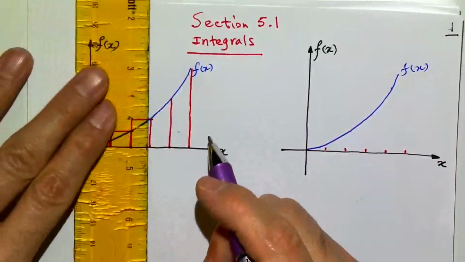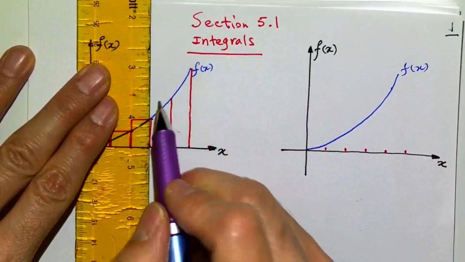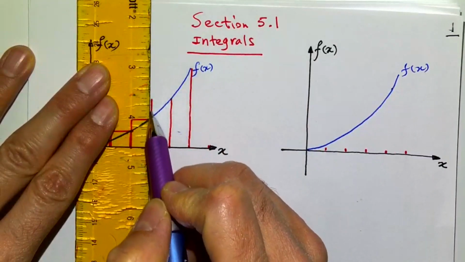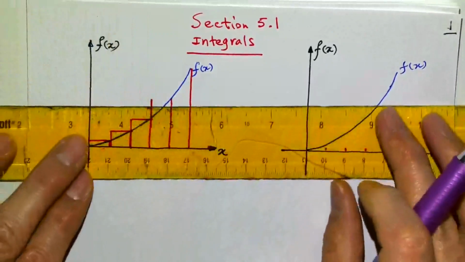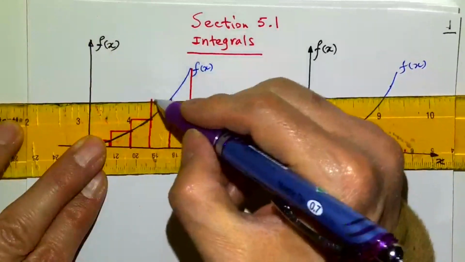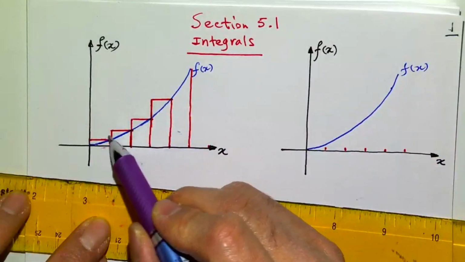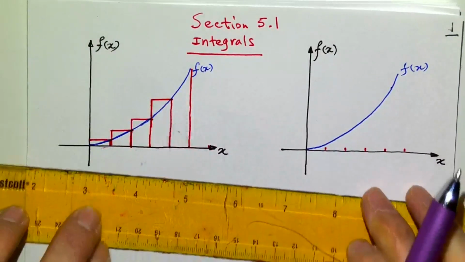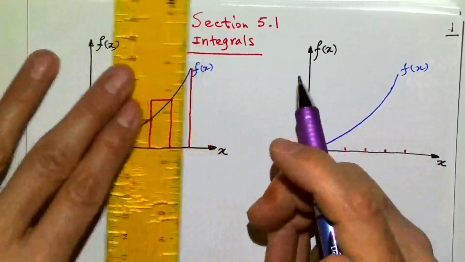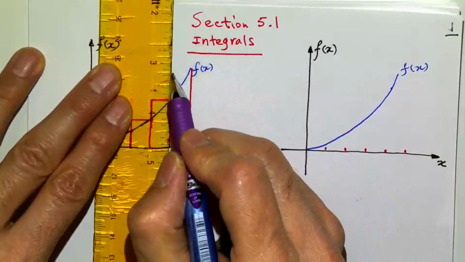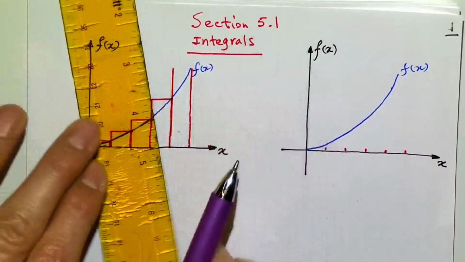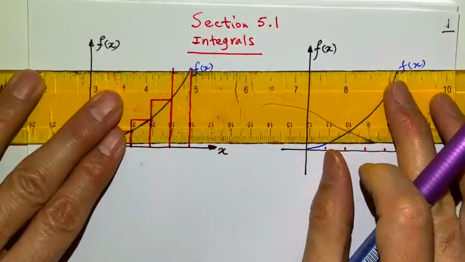Notice again that the right corner of each rectangle is on the curve.